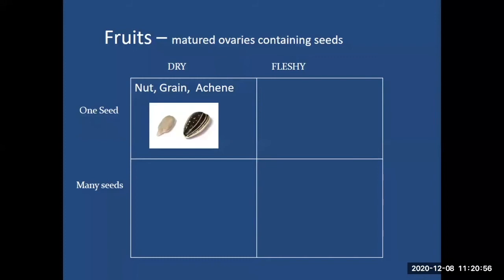They make single dry fruits that have one seed inside. And then the most famous category are the achenes. These are the seeds of all members of the sunflower family. The asters, the rudbeckias, the echinaceas, the black-eyed Susans, the coneflowers. All of those things produce one-seeded fruits. Those are called achenes.